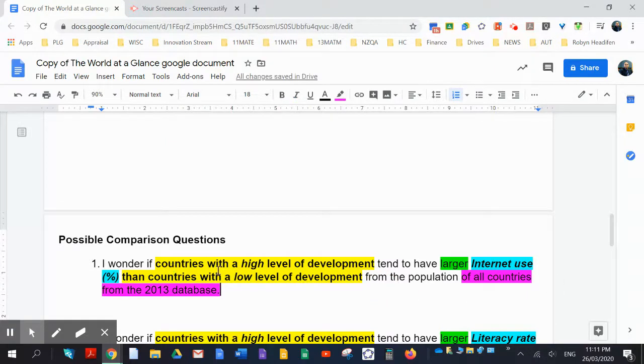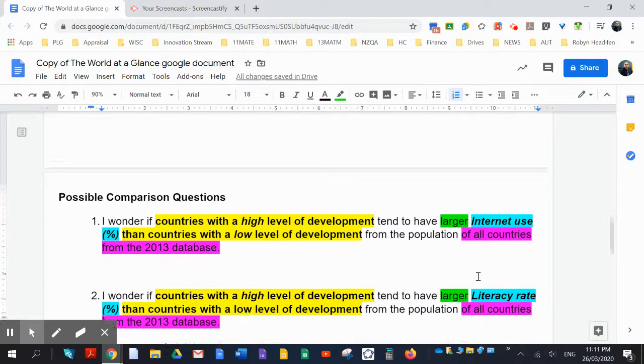So I've got my five ingredients. I've got my two subcategories, and I've got my direction. I've got my tendency, of course. So I've got my tends to, and I've got the direction, and I've got the numerical variable that I'm looking at, and I've got the population.